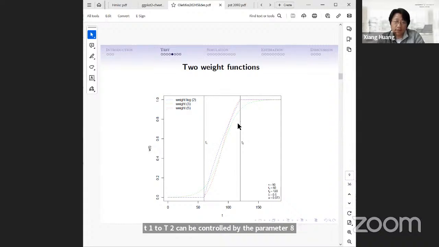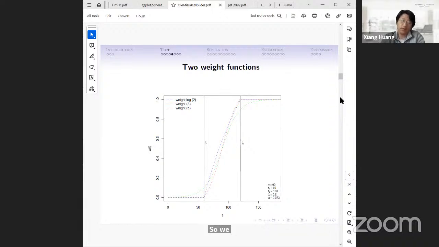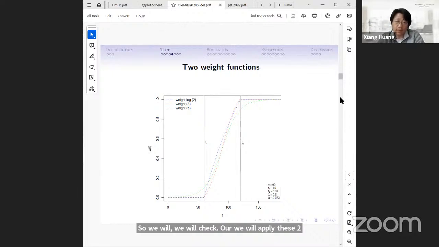The modification of this weight is the red dotted line. That means before t1 the weight is 0, and after t2 the weight is just 1. Between them we can use a sigmoid function to connect them. So we will apply these two weight functions to our proposed weighted log-rank test.